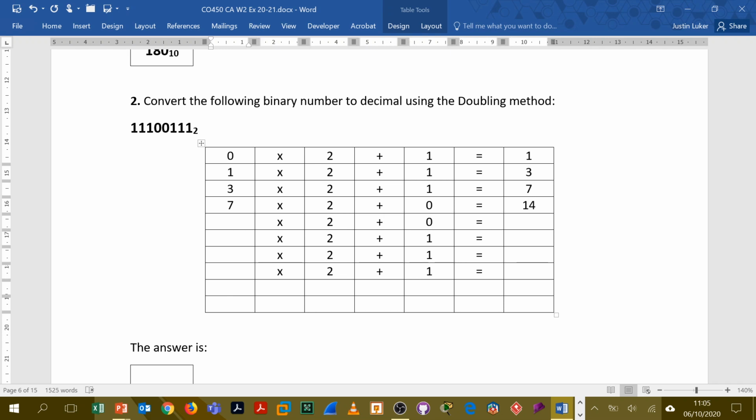14 times 2, 28. Plus 0 remains at 28. 28 times 2 gives us 56. And that's 57. So 57 times 2, 114 plus 1, 115.